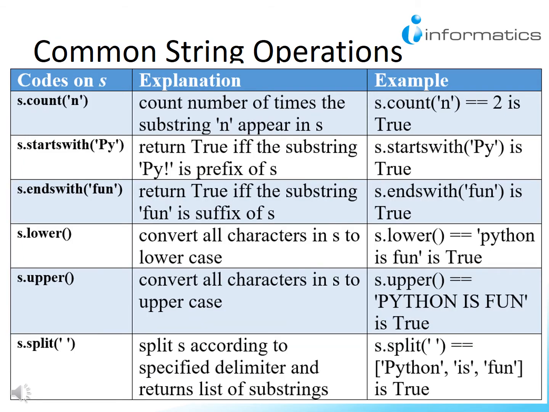String methods. Counting. s.count(s1) counts the number of times the substring s1 appears in s. For example, s.count('n') returns 2. startswith. s.startswith(s1) returns true if and only if the substring s1 is a prefix of s.